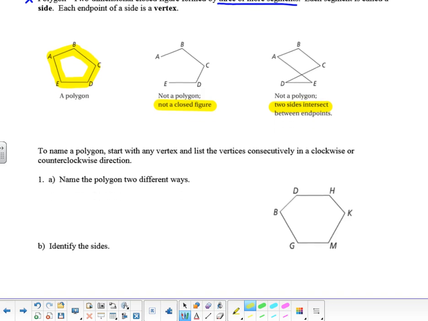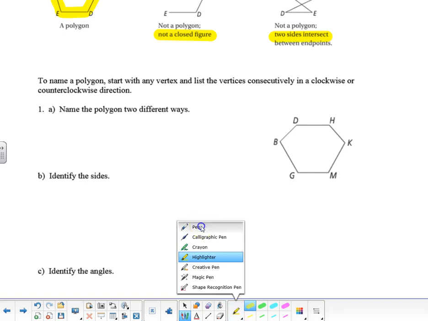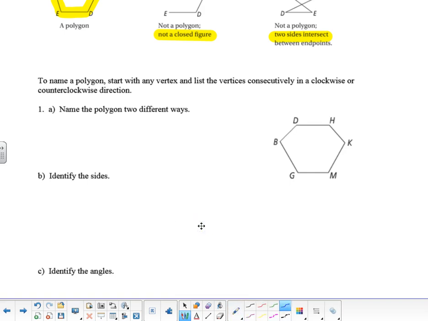So very simply, to name a polygon, we're going to start with any vertex and list the vertices consecutively in a clockwise or counterclockwise direction. The big point here is you don't want to zigzag when you start this. So we're going to look at this diagram over here on our right. Name the polygon two different ways.